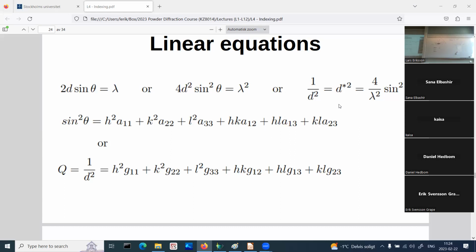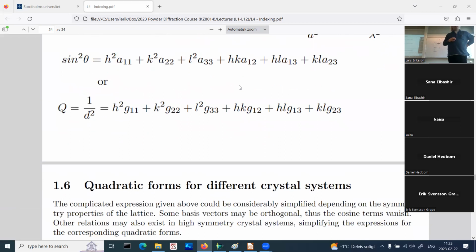But it's the same expression. It's not strictly related to the reciprocal unit cell, but scales with the lambda, as a metric.